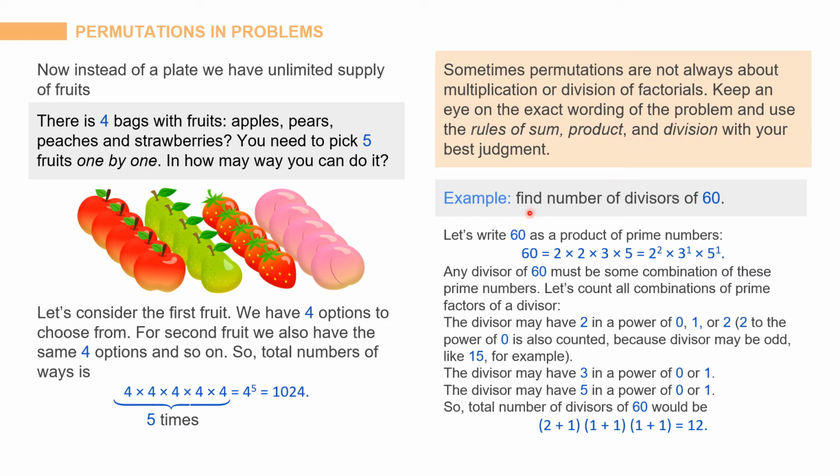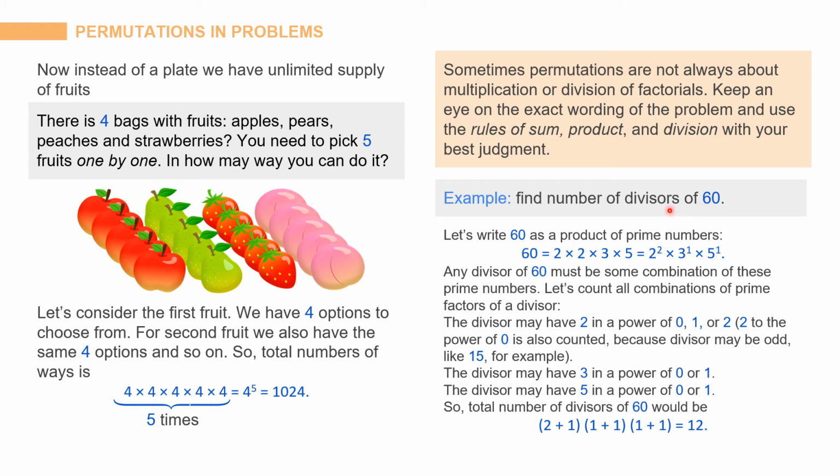Now here's a very famous example of a permutation problem that is critical in the field of number theory. And I cannot tell you how many times a year knowing this will be useful in math contests. So please understand this. And if you don't understand it, ask us to go over it in class. Find the number of divisors of the number 60.